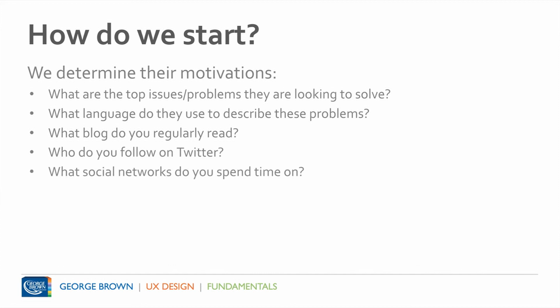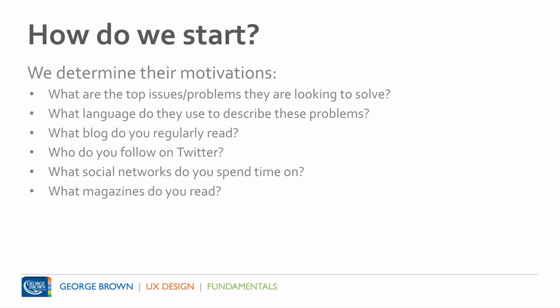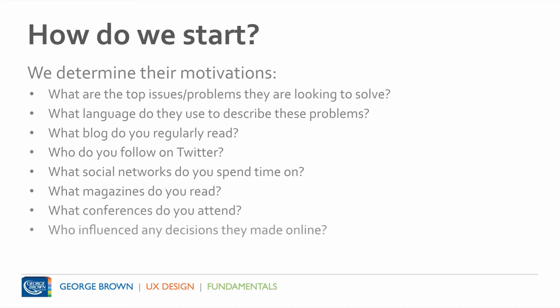What social networks do they spend time on? These types of questions not only help us to define our user personas, but they also help with digital marketing channels. What magazines do they read? What conferences do they attend? Who influences their decisions online?